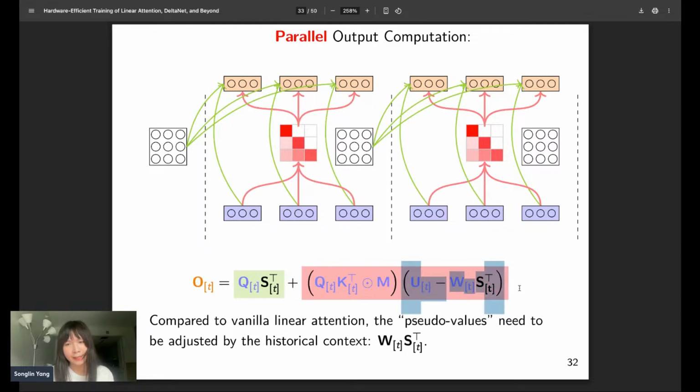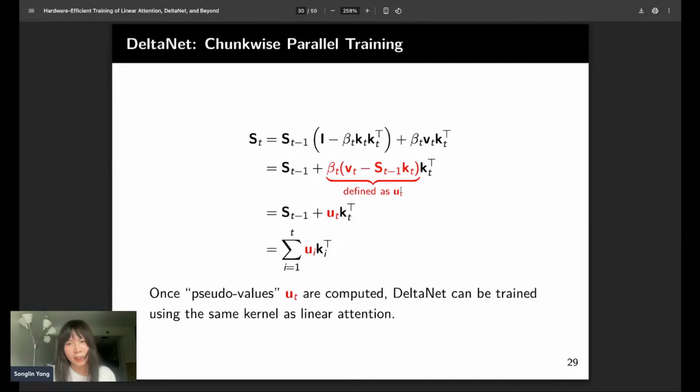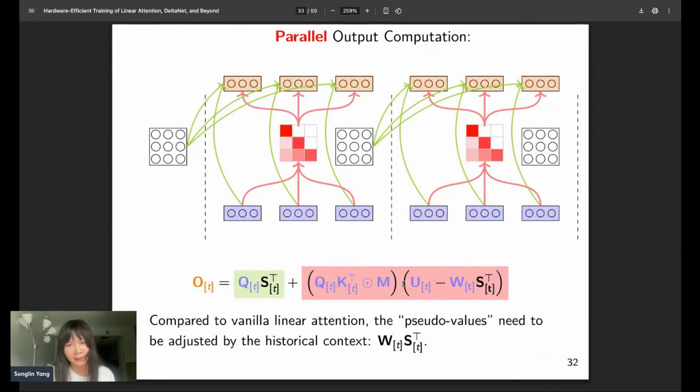So this matrix is the U_t matrix we want. So this is the algorithm. We can compute that U vector in a chunkwise hardware-efficient manner. This is the key idea of the DeltaNet chunkwise computation.